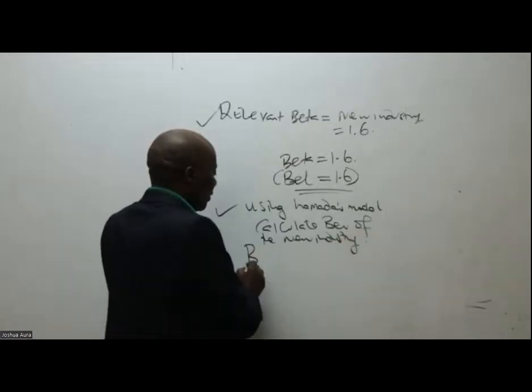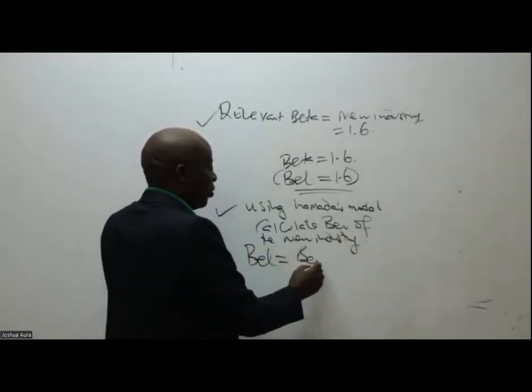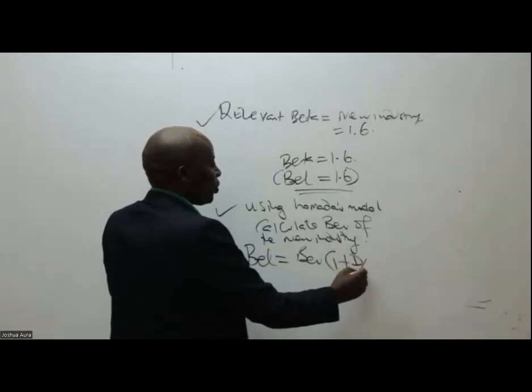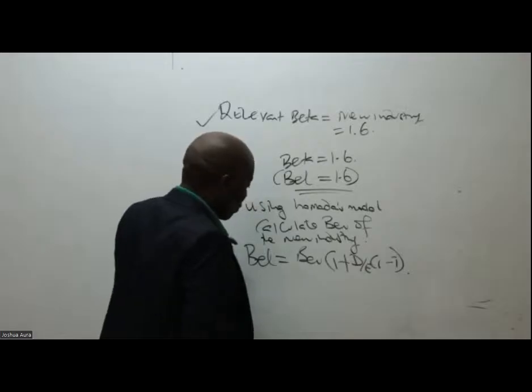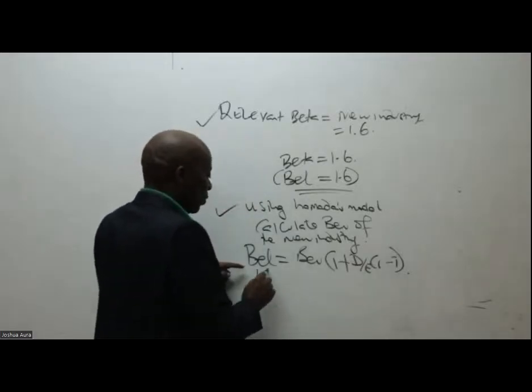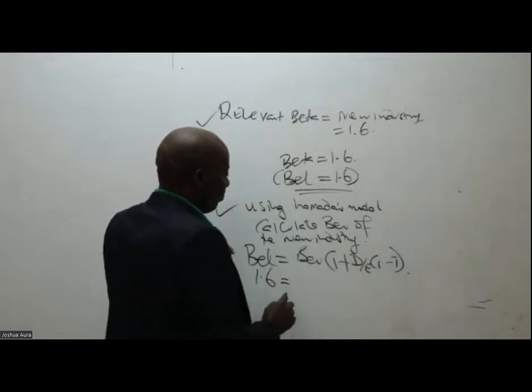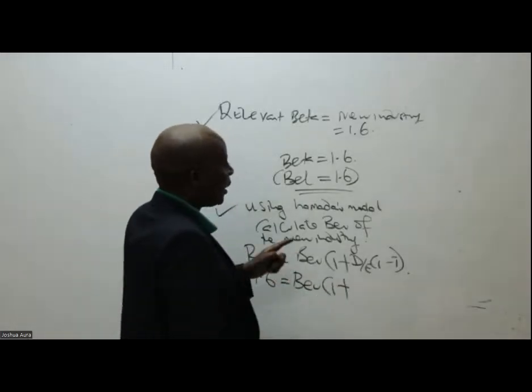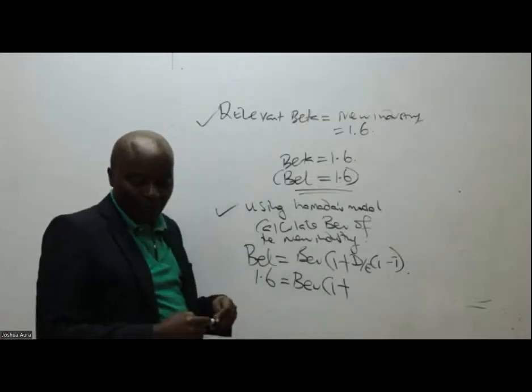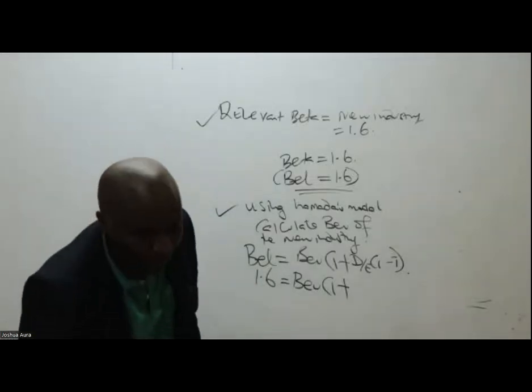So Hamada, we know it's BEL equals BEU into 1 plus debt over equity into 1 minus tax. So BEL has been given as 1.6 equals BEU that we don't know into 1 plus debt over equity. Has the examiner given me debt over equity of the new industry?